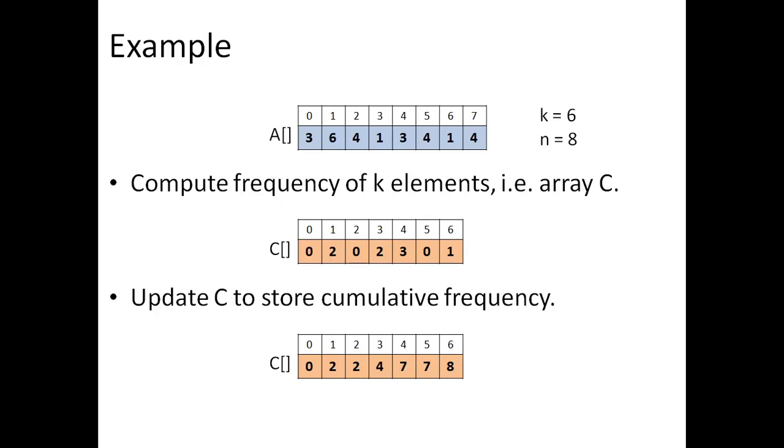For example, the element 6 should come at position 8 as the cumulative frequency corresponding to index 6 is 8 in the array C. Or one can also see it as there are 7 elements which are less than 6. Similarly, element 3 should come at 4th position and so on.